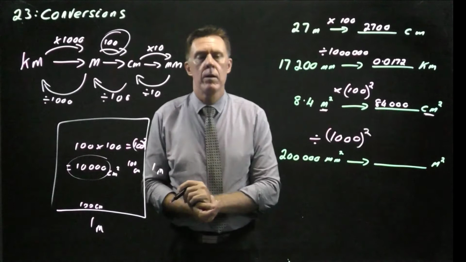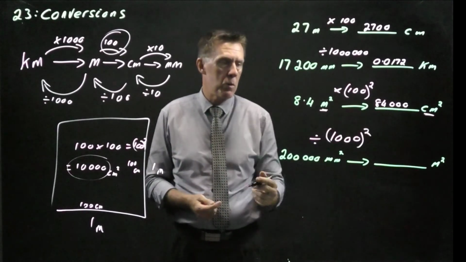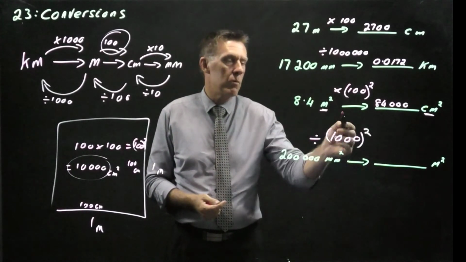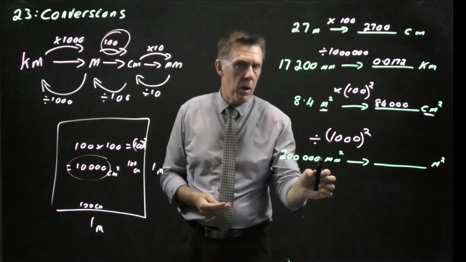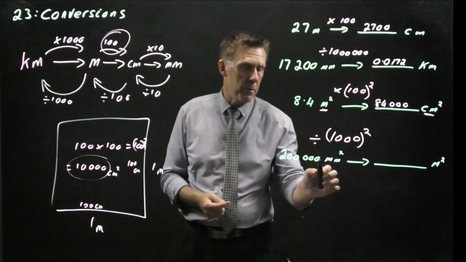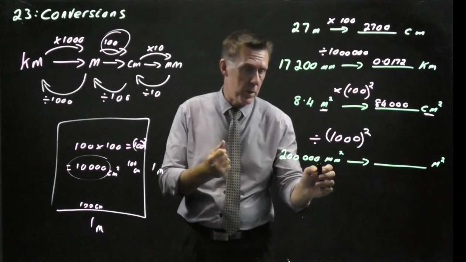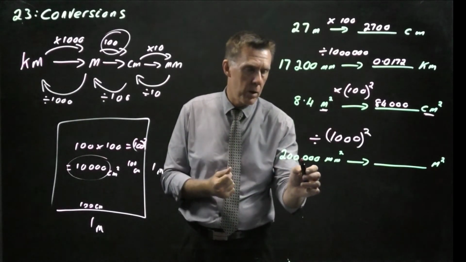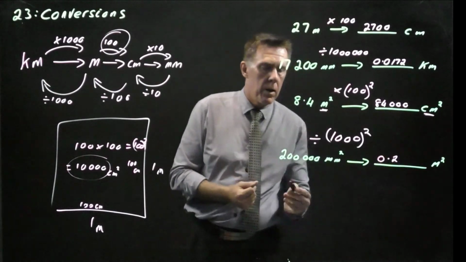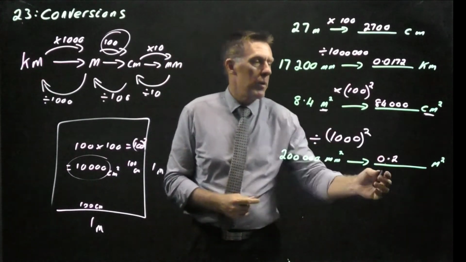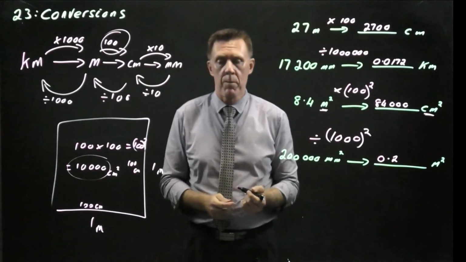We have a two-dimensional figure, so we square it. 1,000 times 1,000 is 1,000,000, so 1,000,000 is our conversion number. I divide now by 1,000,000, so move the decimal point 6 places. 1, 2, 3, 4, 5, 6. 200,000 square millimeters is 0.2 of a square meter.